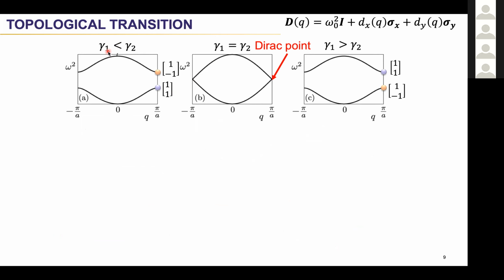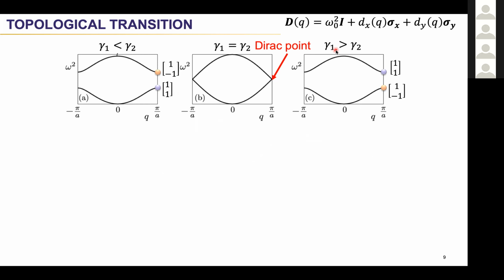When gamma 1 is less than gamma 2, we have a band gap between these two bands. And at the cutoff frequencies, two masses will oscillate in phase and out of phase.